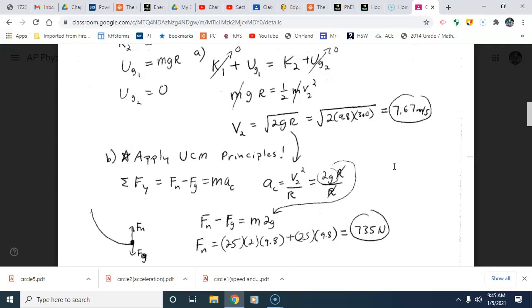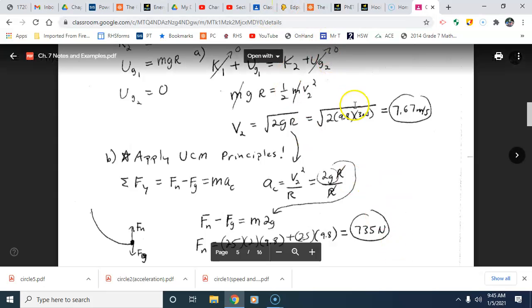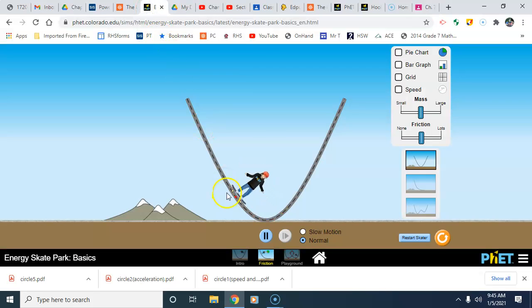In part B, it says, find the normal force that acts on him at the bottom of the curve. Now here's where we have to use some old stuff. If we were just sitting there at the bottom still, and this person, what was this mass? 25 kilograms, so that's approximately 250 newtons, close, okay?